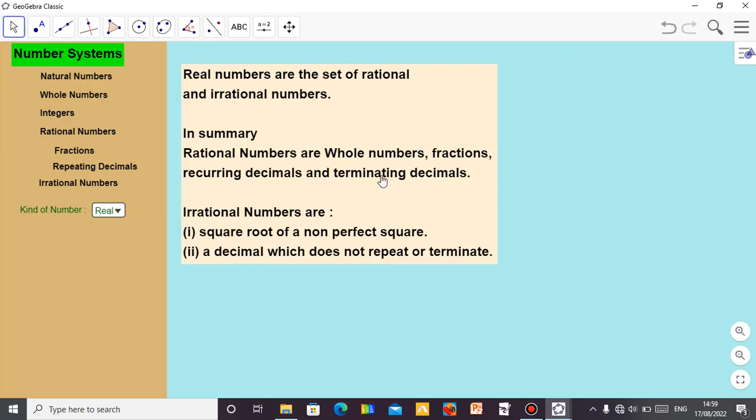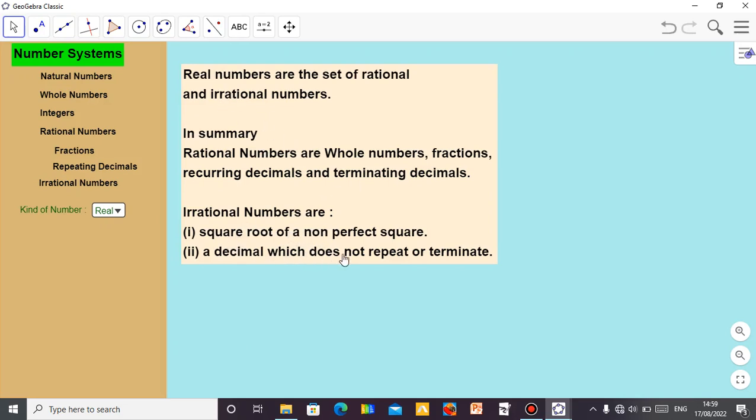You can see the terminating decimals are rational numbers, recurring decimals are rational numbers, whole numbers are rational numbers, fractions are rational numbers, and they are all examples of real numbers. Then irrational numbers: we see square roots of non-perfect squares, like square root 2, square root 3, square root 5. They are all irrational numbers, and they are also real numbers.